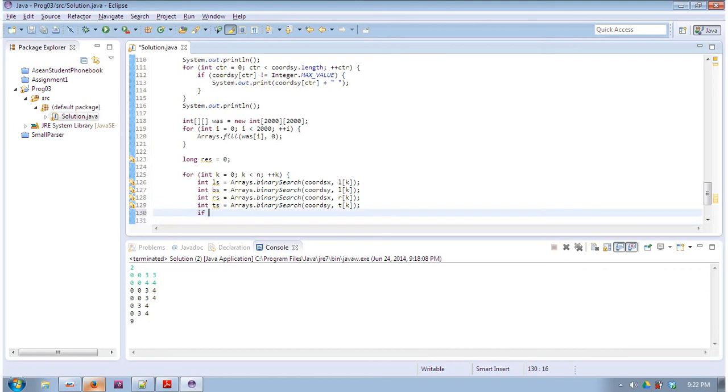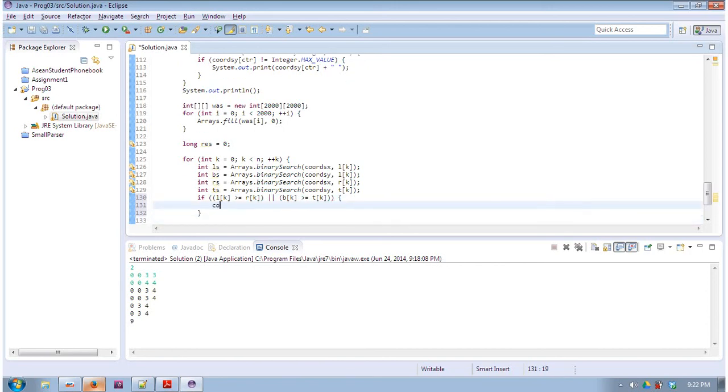Next we say that this is x1, it should be less than r. So l should be less than r, and b should be less than t. If one of them is greater than, then the area is 0, so just continue.